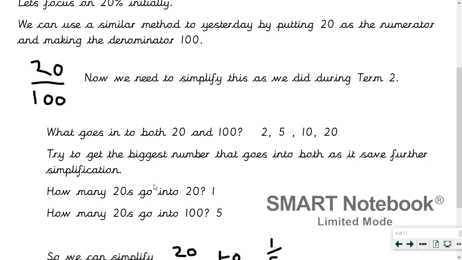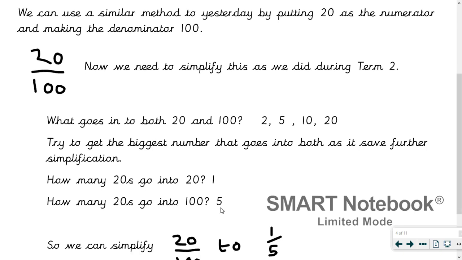So then we ask ourselves, the numerator first, how many 20s go into 20? 1 lot of 20 goes into 20, so we write a 1. Then we look at the denominator. How many 20s go into 100? 20, 40, 60, 80, 100. 5 lots. So I've got a new numerator of 1 and a new denominator of 5.